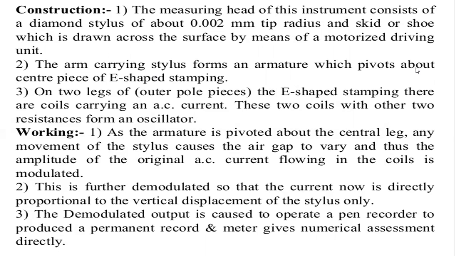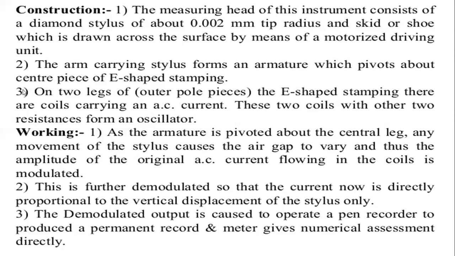So this is fixed to the E-shaped stamping of the center piece, and on the two legs of the outer pole pieces, that is in the E-shaped stamping, there are coils carrying an AC current.